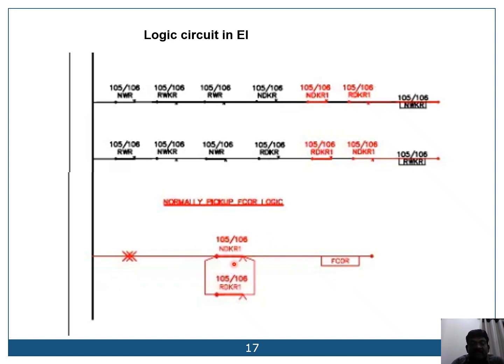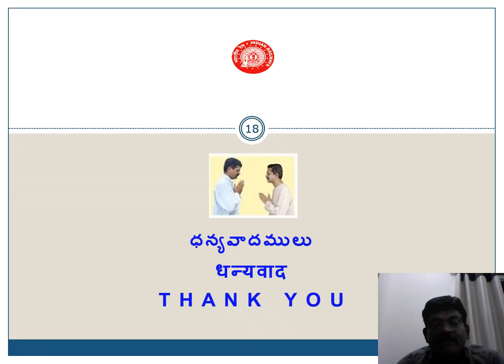So once there is any cable problem or any malfunctioning in the circuitry or any such thing, or forcibly picked up, NDKR pickup and RDKR pickup both pick up, then FCOR will drop. Previously, this facility was not there in the logic circuits. Now this is introduced, taking into account safety, especially of the recent accident that has happened in Balasore.